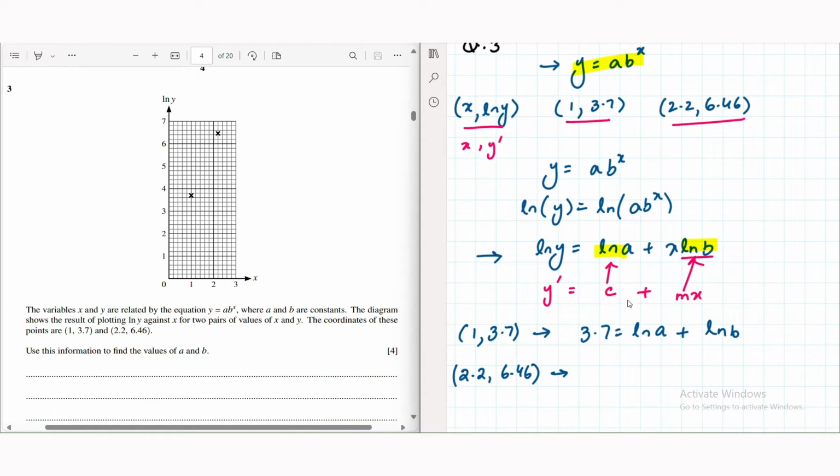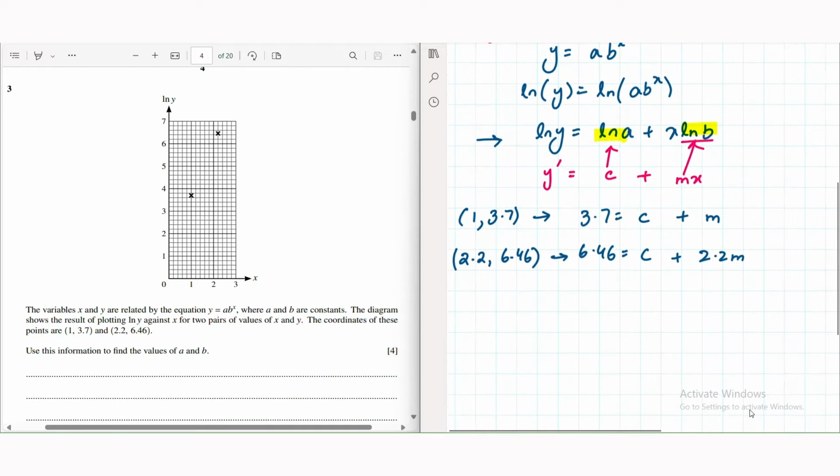We could convert them into c and m also. If we convert them into c and m, that might make it visually a little bit better, but still not that big of a difference. So 6.46 equals c plus 2.2 times m.